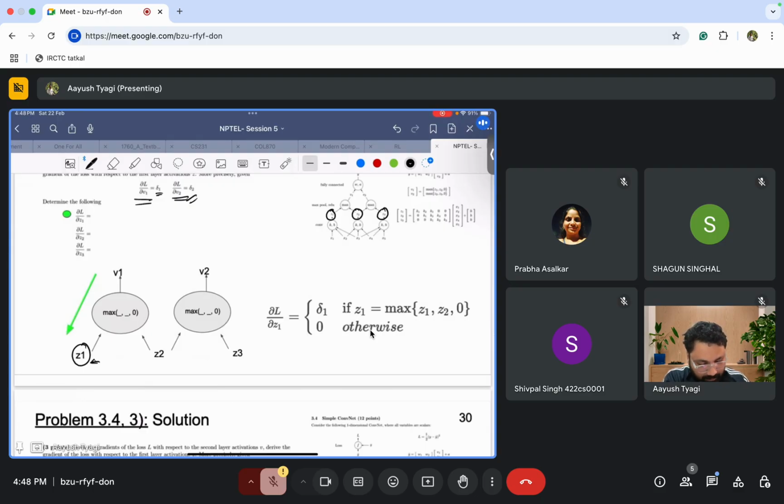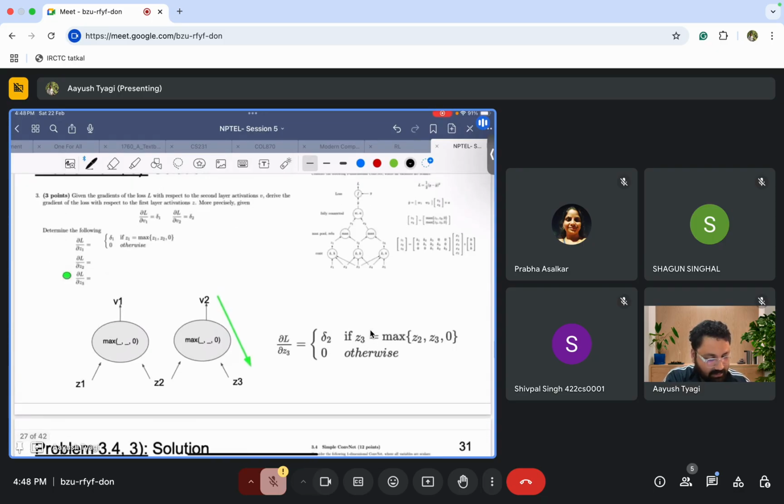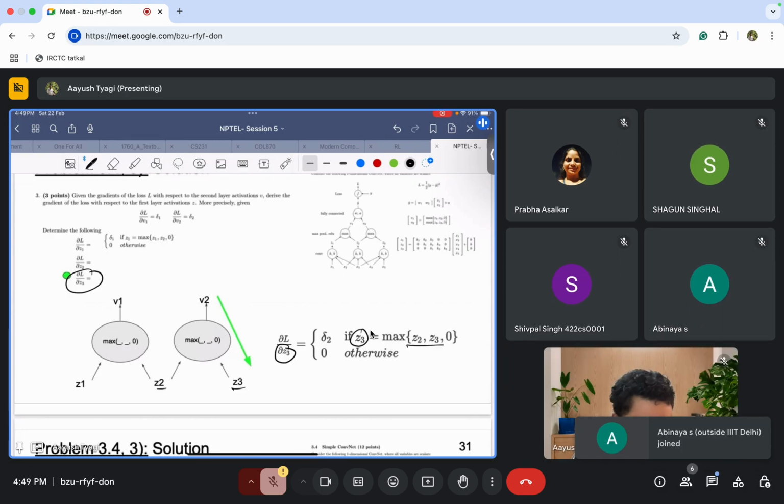Then the gradient will backpropagate in this direction if Z1 is the maximum of Z1 and Z2, and 0 for Z3, but in this case there is no input. Similarly, for the effect on Z3, if it is the maximum between Z2 and Z3, the gradient will backpropagate in this direction.